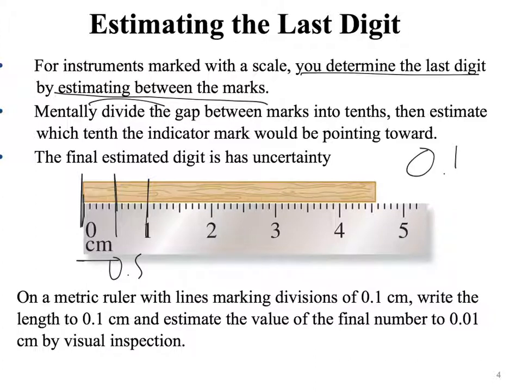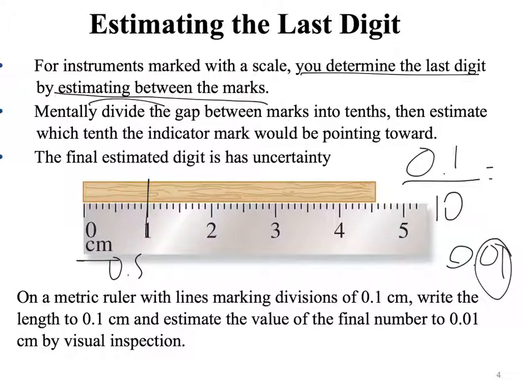What do you do with that? You divide that by 10. That gives you 0.01 centimeters. Therefore, when you are giving your measurement out of these, you have to report with 2 decimal places. So let's read this together again.